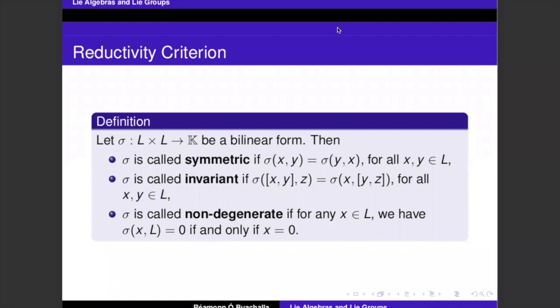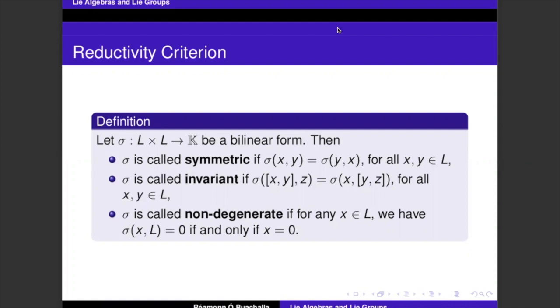Okay, so now that we have our notions of simplicity, semi-simplicity, and reductivity, we have them defined at an abstract theoretical level. In practice, however, if you want to verify these conditions for some Lie algebra that you're given, they're not always that useful.